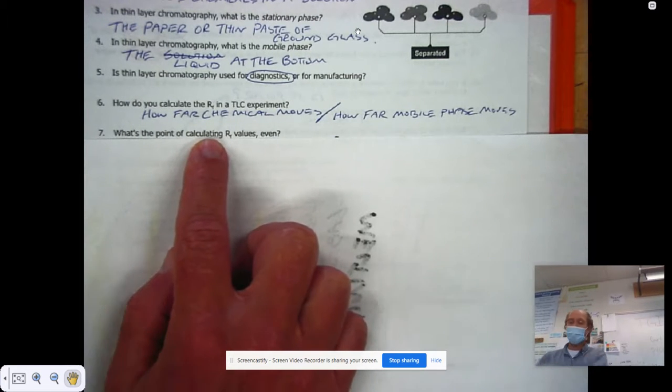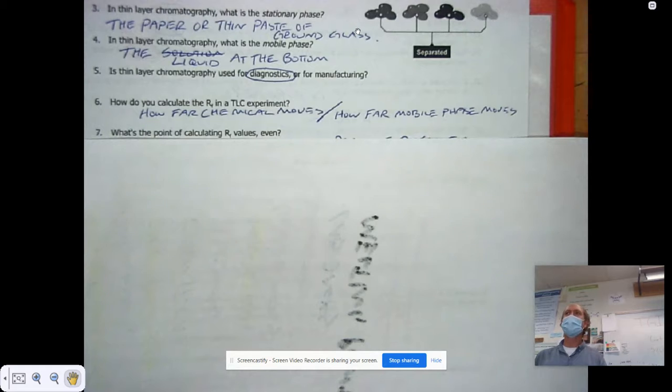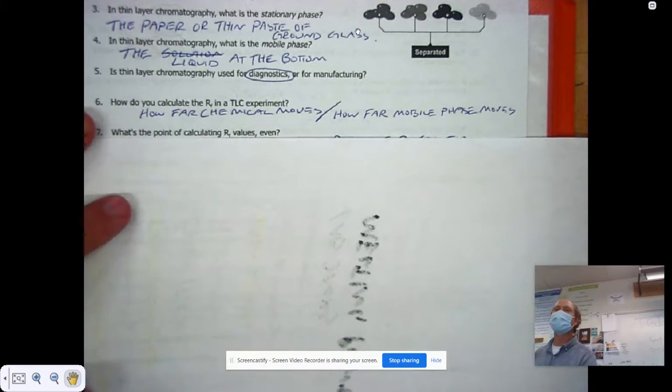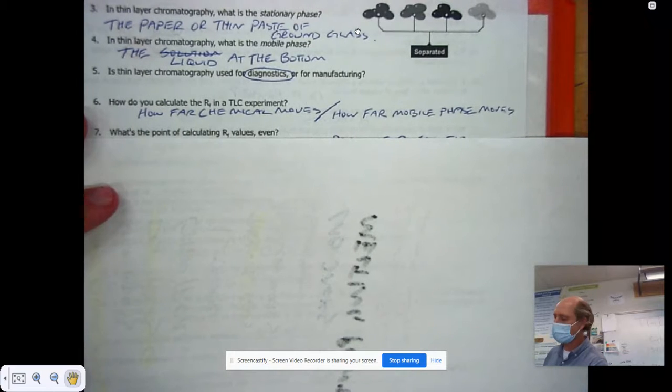Like for example, when we purify this caffeine that you guys made, we're going to do TLC on the caffeine, and then we're going to measure the RF value, and we're going to look on the internet and see what the RF value should be, and we're going to compare it, and we're going to be like, okay, it's caffeine, because it's just going to look like a white crystal, who knows what it is. You use thin layer chromatography in order to tell what it is, and you need the RF value in order to do that.